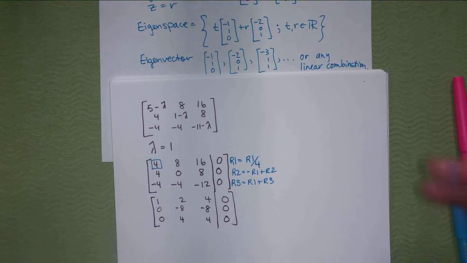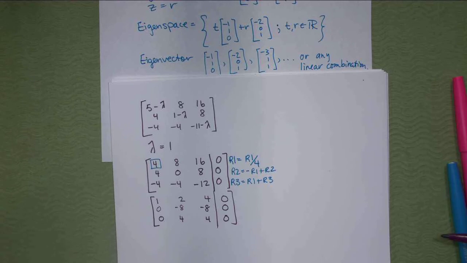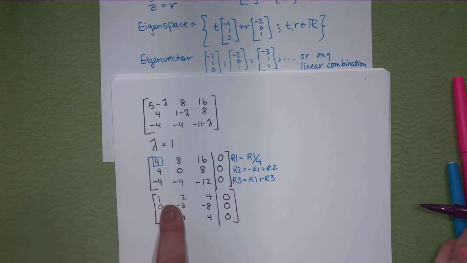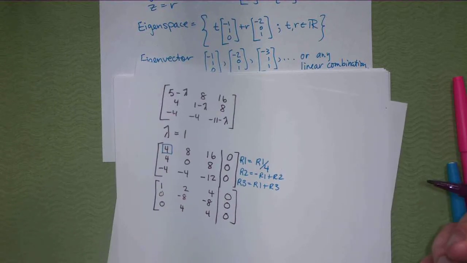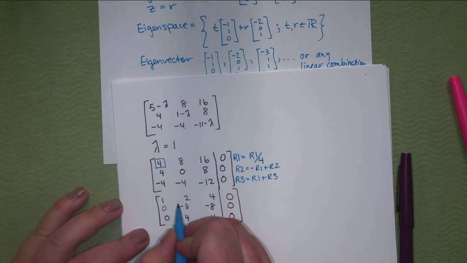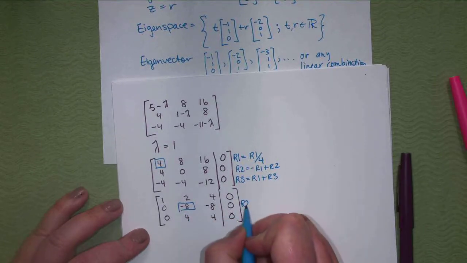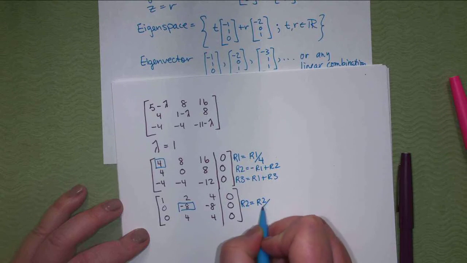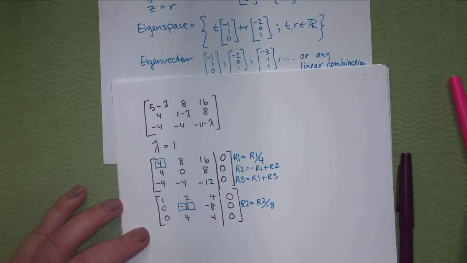But with 3 by 3s, we don't necessarily see it right away, because just one of them has to be a multiple of the other to get infinitely many solutions. So our next steps here would be to make this into a 1, and then make zeros above and below.